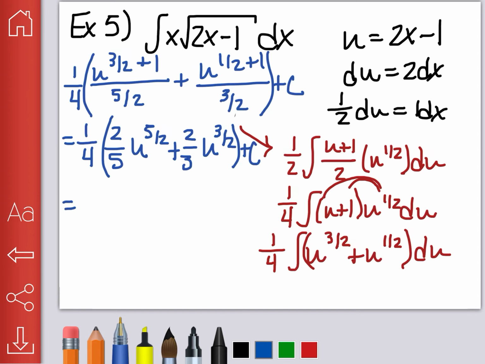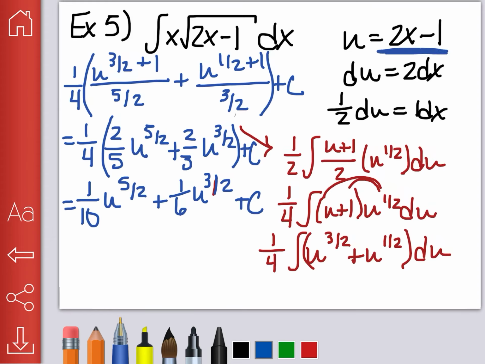So I've got, once I distribute the 1/4 to both of my terms with u, I have 1/10 u to the 5/2 plus 1/6 u to the 3/2 plus c. So now all that's left to do is I need to plug in my u because I need it in terms of x.